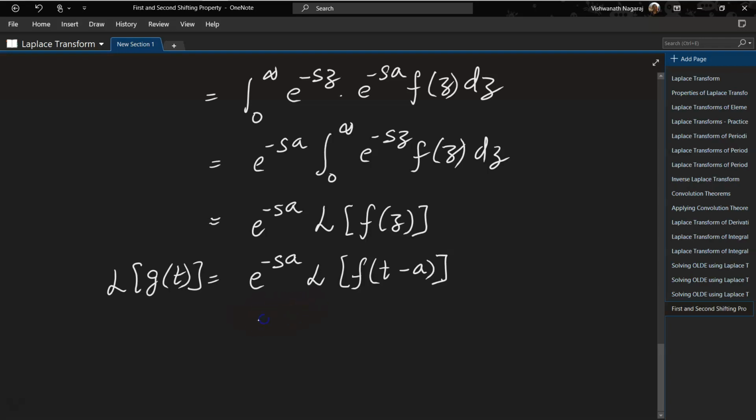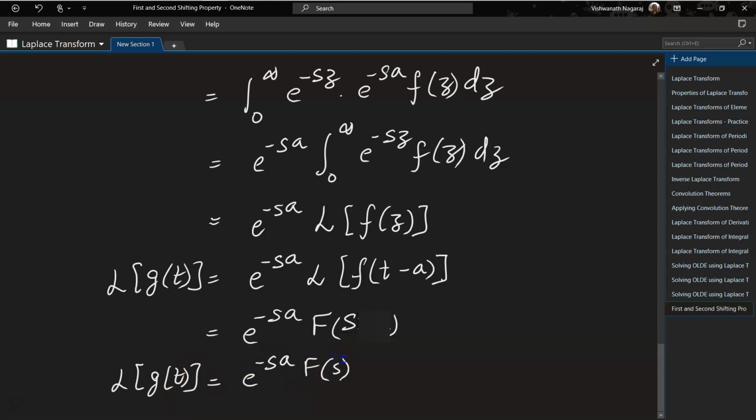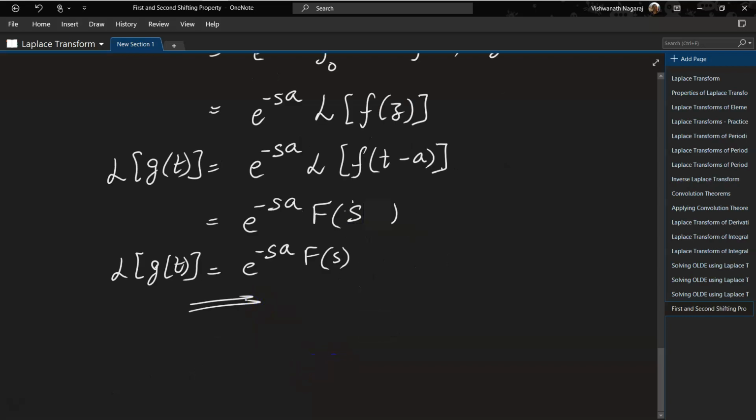Actually, we can write one more step, e to the power of minus sa, and this can be written as capital F of s. And in general, we can say Laplace of g of t is equal to e to the power of minus sa capital F of s, which is what we had to prove.